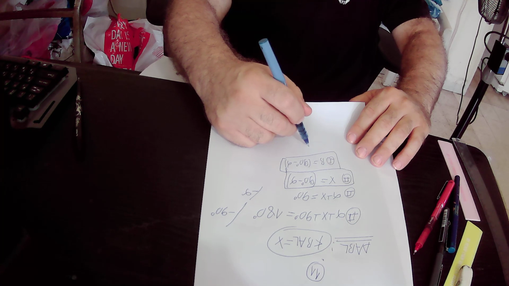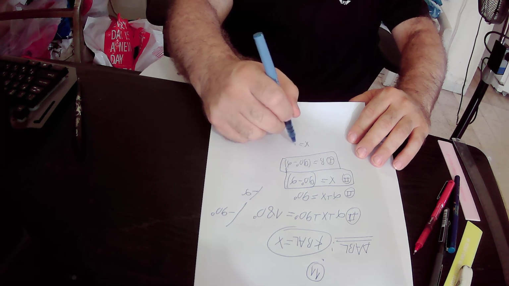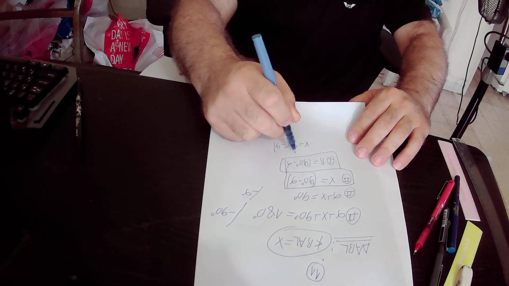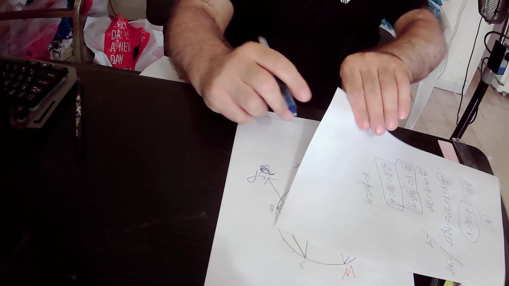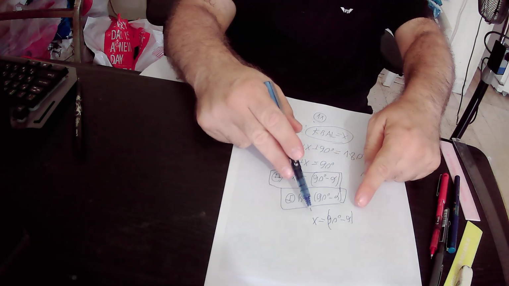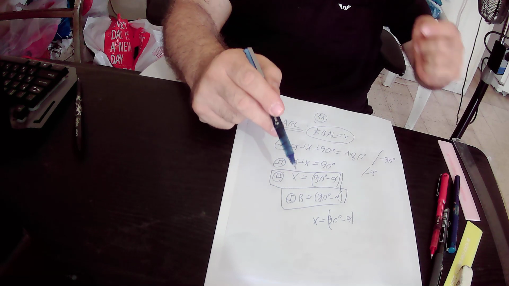According to equation number 2, x equals 90 degrees minus alpha.